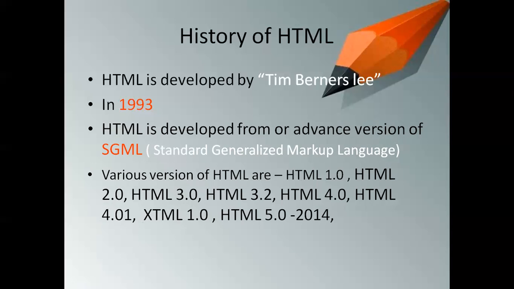Then the next version came with XML, XHTML 1.0, and finally in 2014 HTML 5.0 was introduced. So now the web designers or engineers who want to develop a website are most probably using HTML5. So these are the various versions of HTML.